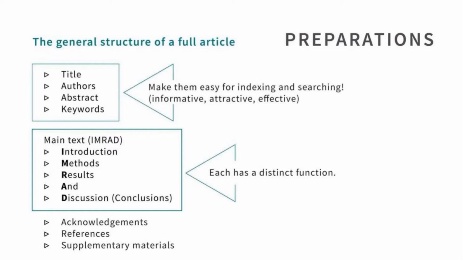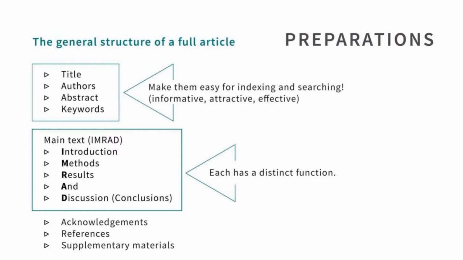Lots of authors don't put the effort and energy into their title, their abstract, and their keywords that they should, because these are the sections that search engines use to find your papers.